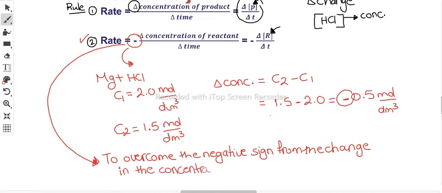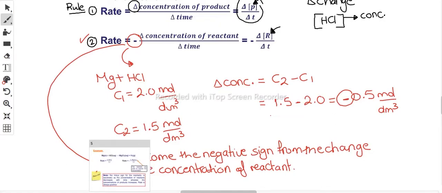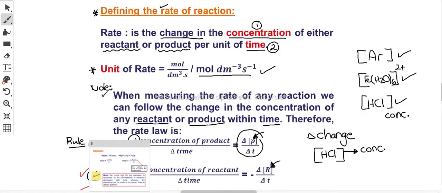Anytime we want to determine the rate of reaction, it is so important to have the final answer as a positive sign. So this negative is important if we are dealing with a change in the concentration of reactants, since the concentration of reactants decreases with time.